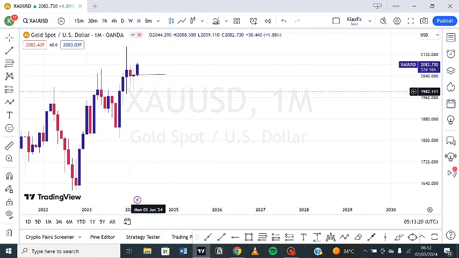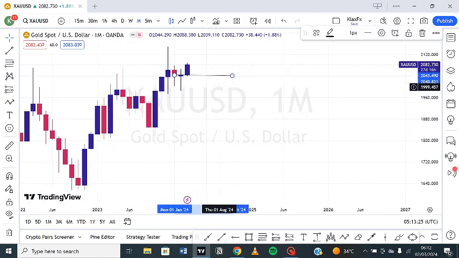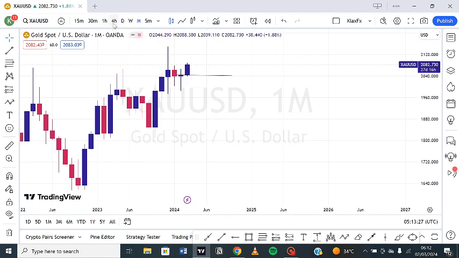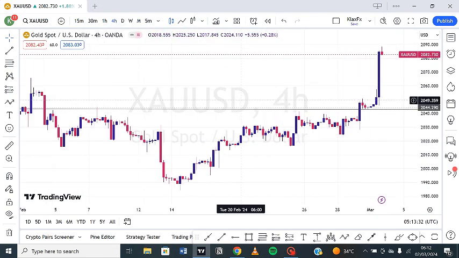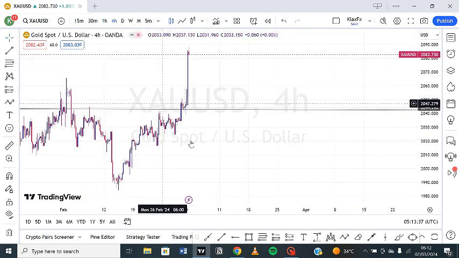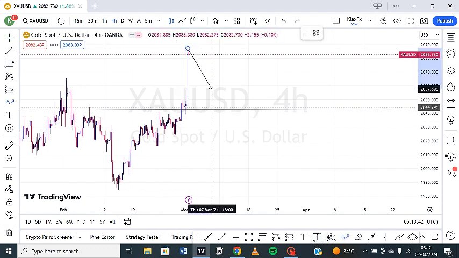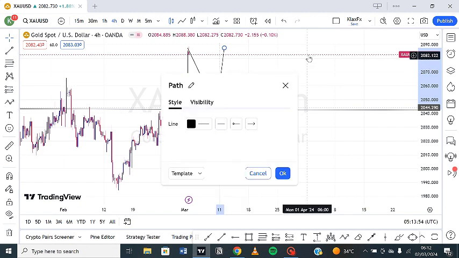What happens is on the lower time frame, maybe the 4-hour time frame, once the market comes back to that point, at any point in time, I will buy this market to this point. So let me continue.